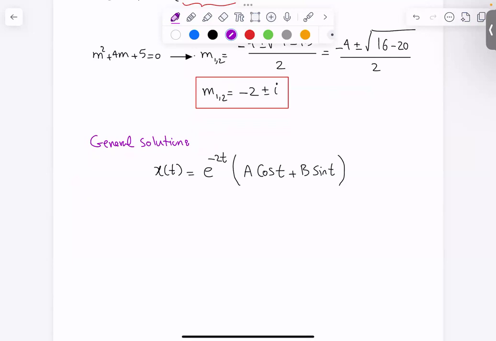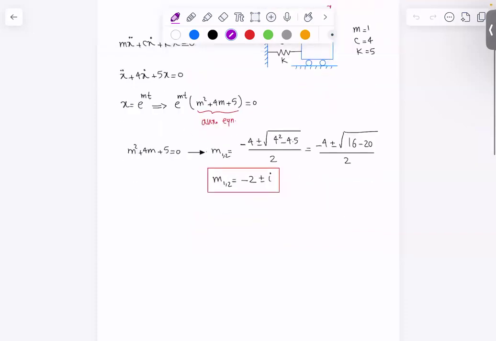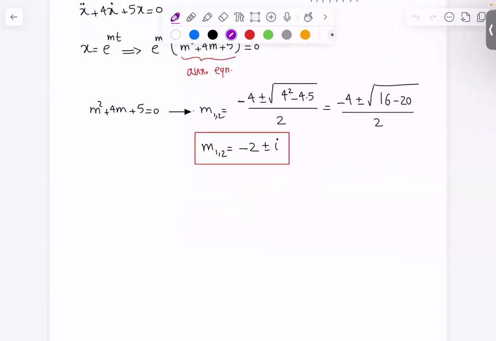Okay, so again, the general solution in this case will be displacement as a function of time is e to the negative 2t, because that's the real part, times a cosine of the imaginary part, which is 1, so cosine of 1t plus b sine of 1t.